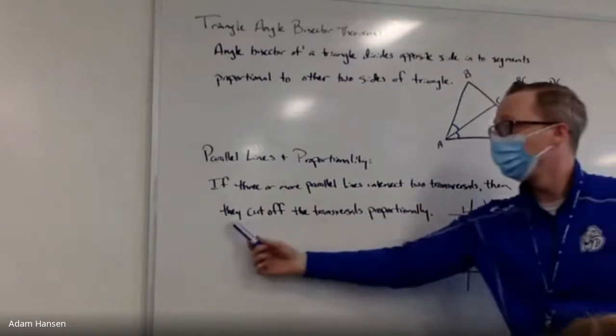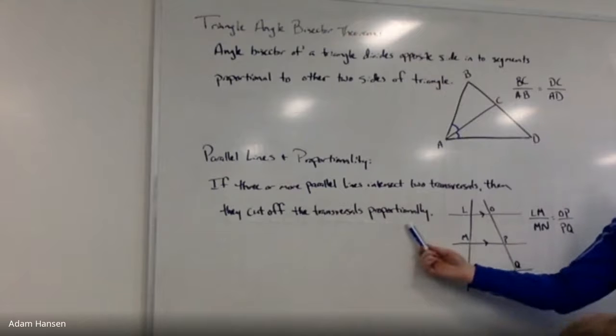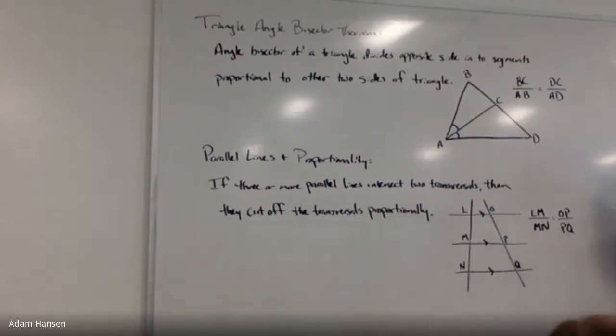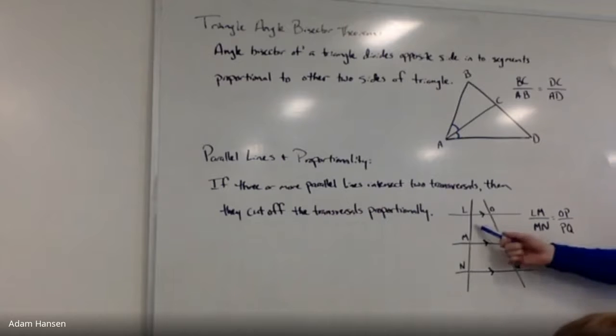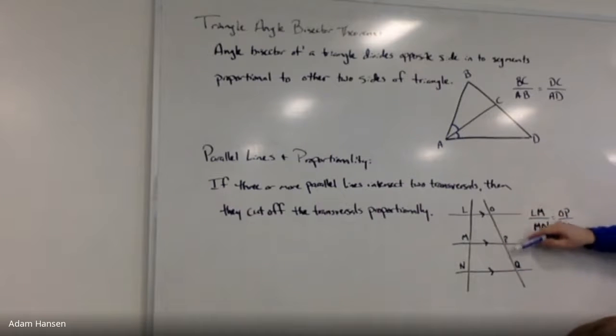Those parallel lines cut the transversals into proportional parts. LM is to MN, top left to bottom left, as OP is to PQ, top right to bottom right, for example.